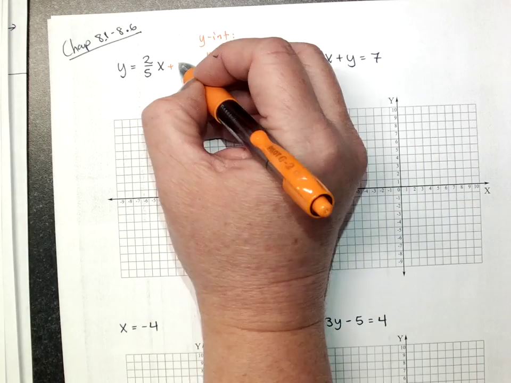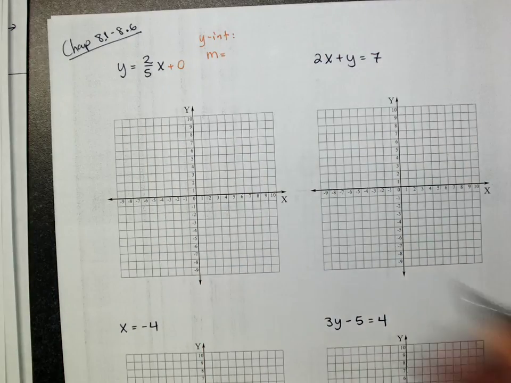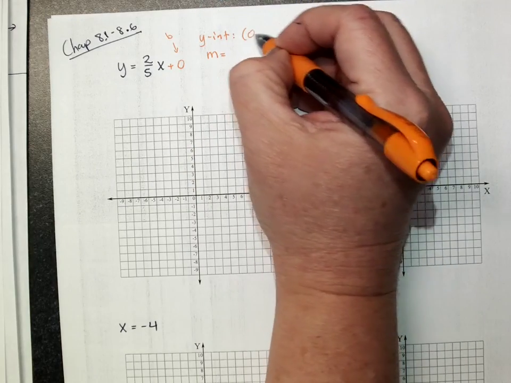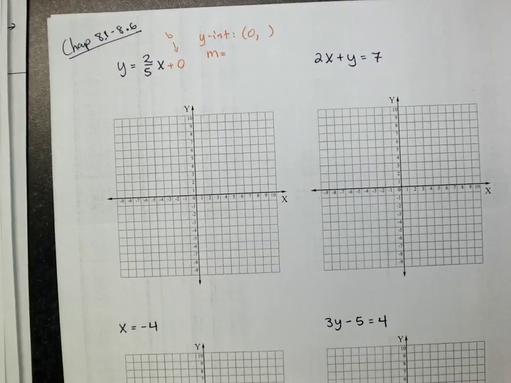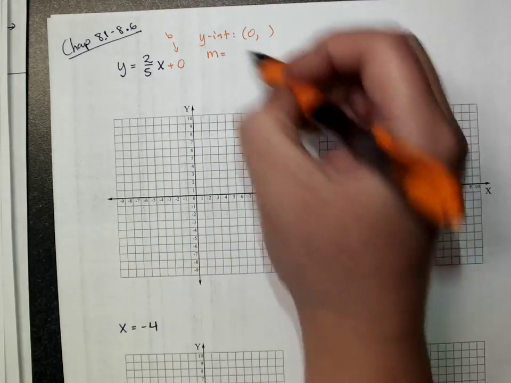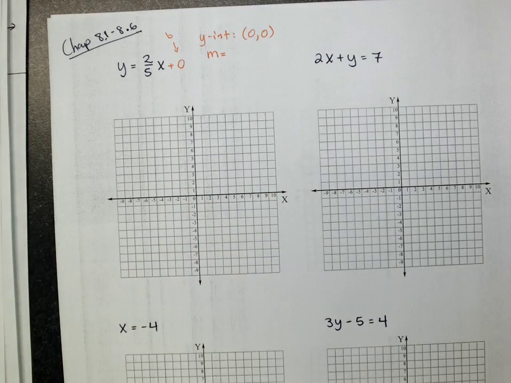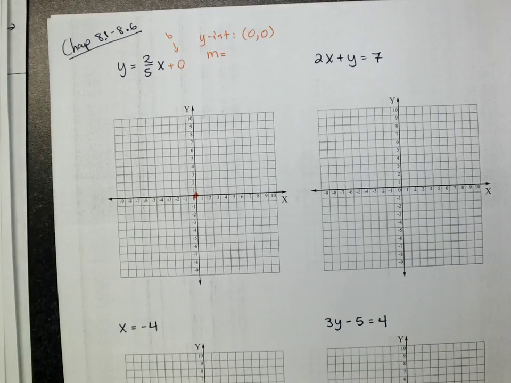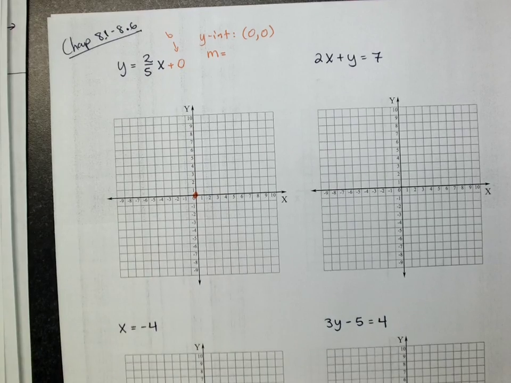If there's no constant, then your constant is 0. And that is your b, and your y-intercept is just (0, b). In this case, our b is 0, so our y-intercept is the what?